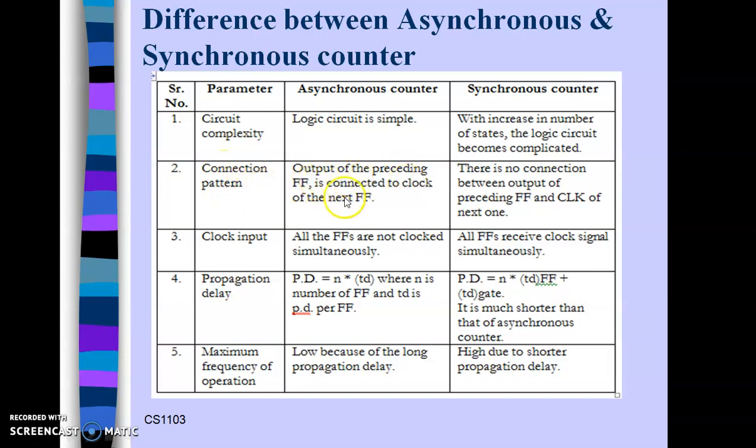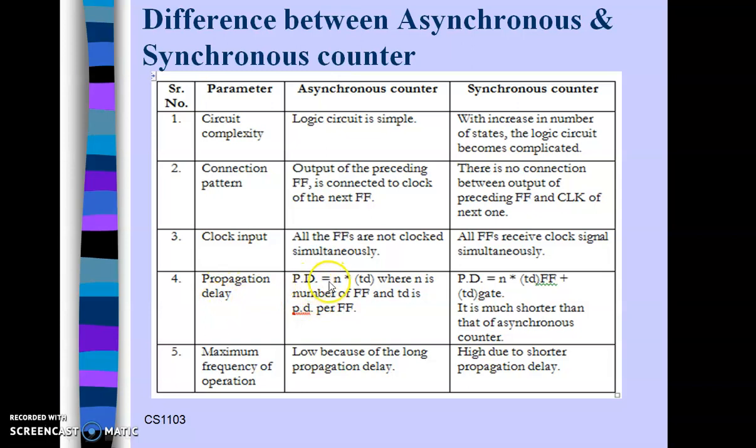In the asynchronous counter, the output of the preceding flip-flop is connected to the clock of the next flip-flop, but in the synchronous counter there is no connection between the output of the preceding flip-flop and the clock of the next one. In asynchronous counters, the flip-flops are not clocked simultaneously, but in synchronous counters all flip-flops receive the clock signal simultaneously or parallelly. That's why it's called a synchronous counter.